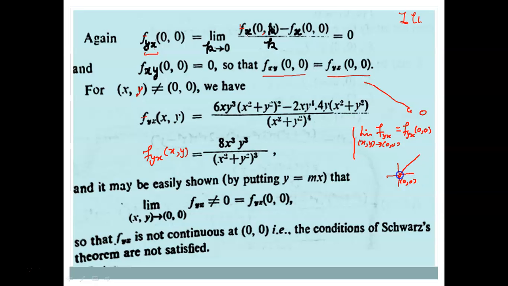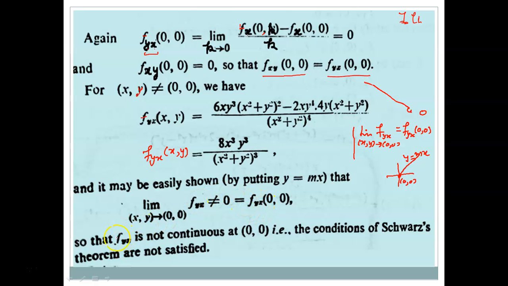Because you are approaching the origin, the point (0, 0), let us approach along the path y equal to mx. When we put y equal to mx and then apply the limit as (x, y) tends to (0, 0), this value is not unique; it will depend on m. Therefore the limit of fyx is not equal to 0, and this is not equal to this quantity.